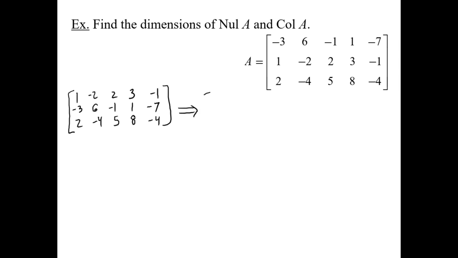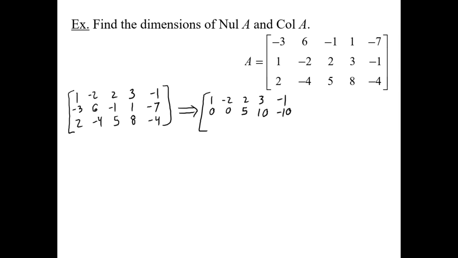Okay, let's see, row 1 is fine. Multiply the top row by 3 and add the second row, we get 0, 0, 5, 10, -10.